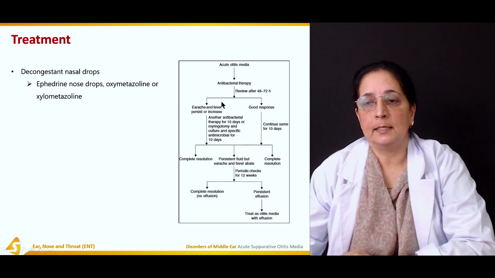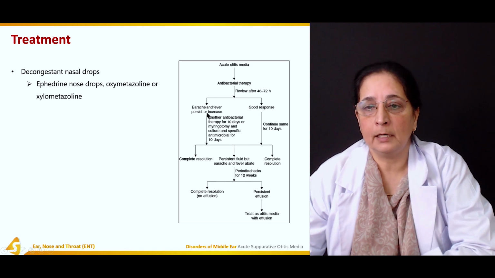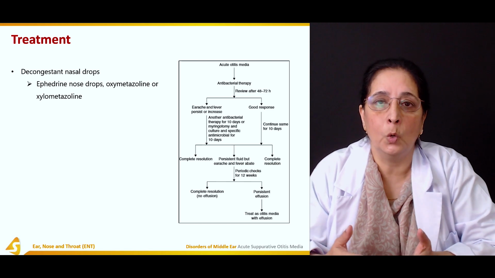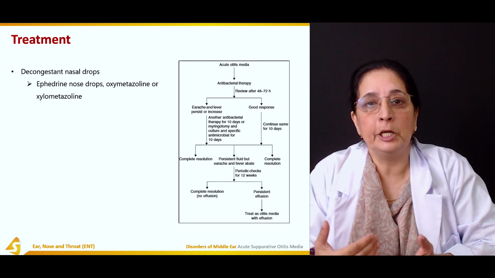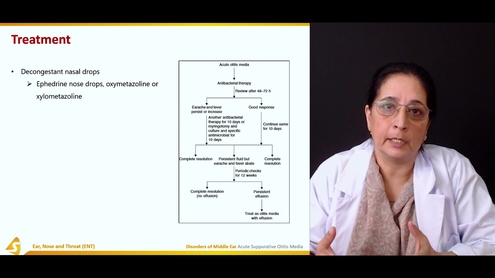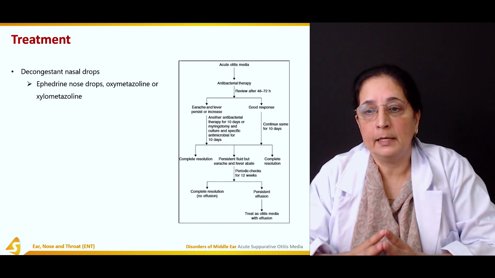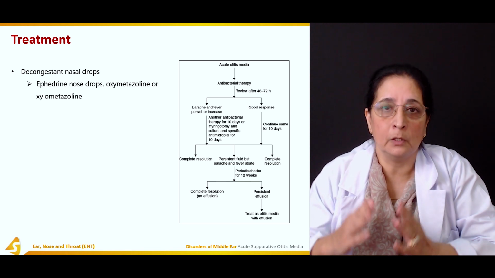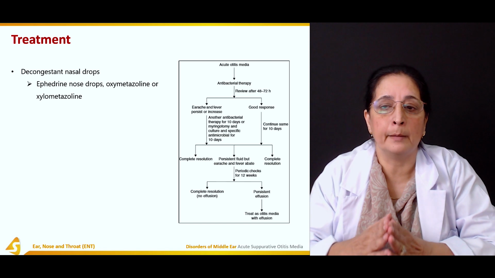If earache and fever persist or increase, if there is no improvement in the condition of the patient, then usually another antibiotic is tried for 10 days, or there is myringotomy, or opening of the tympanic membrane.